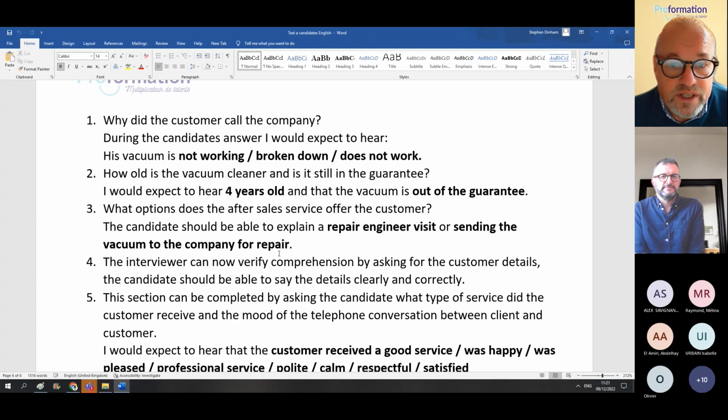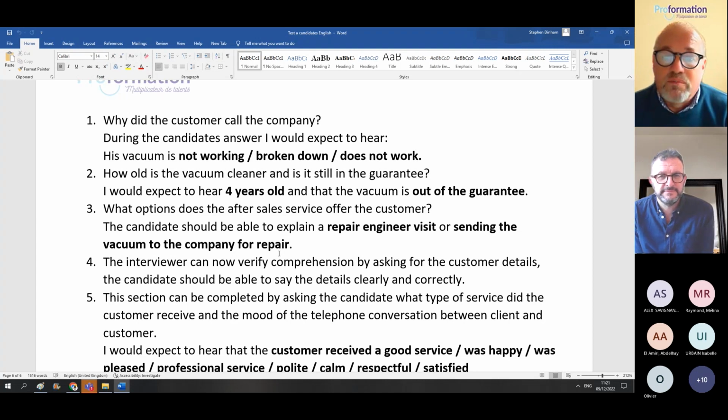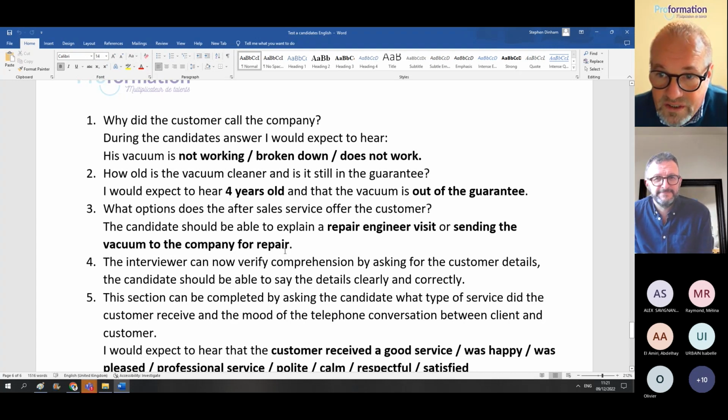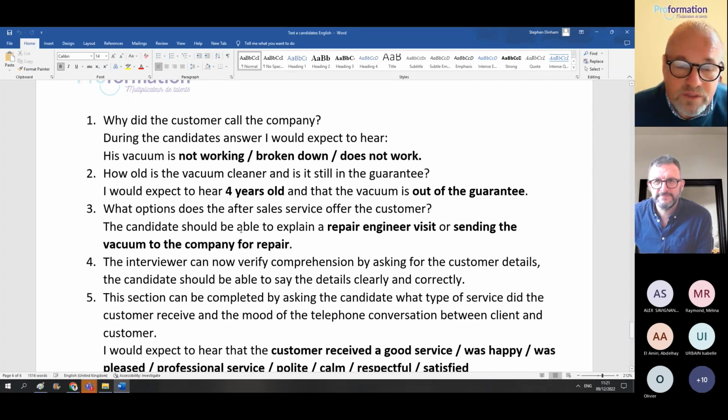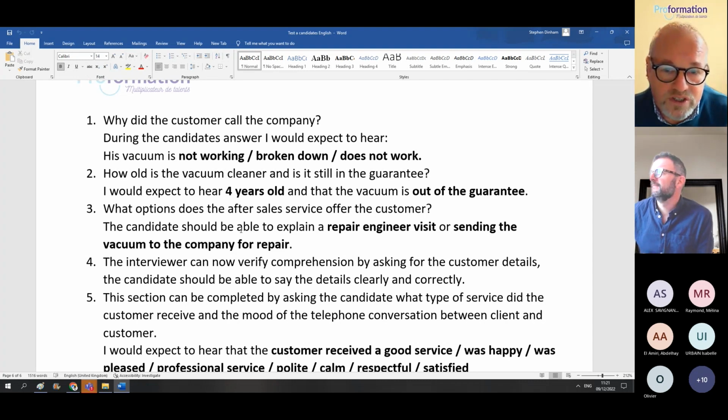The candidate should be able to explain a repair engineer visit or sending the vacuum to the company for repair. So the candidate should be able to give in English 2 types of alternative or 2 types of method to help the customer with the breakdown of his robot vacuum cleaner. So a repair engineer visit to his home or sending the vacuum to the company for repair.